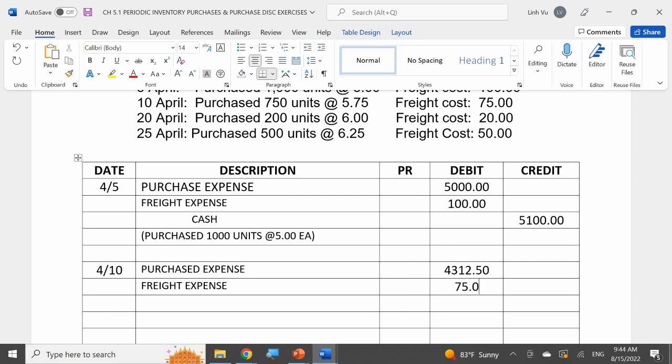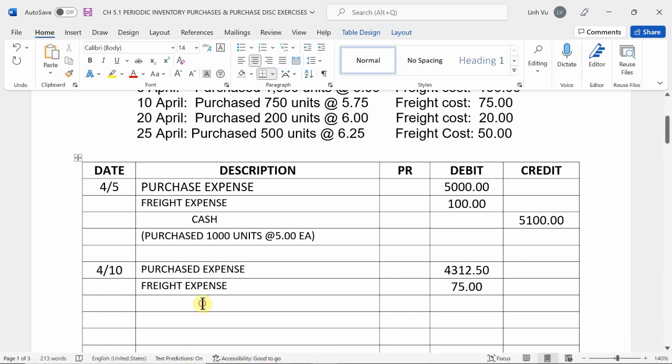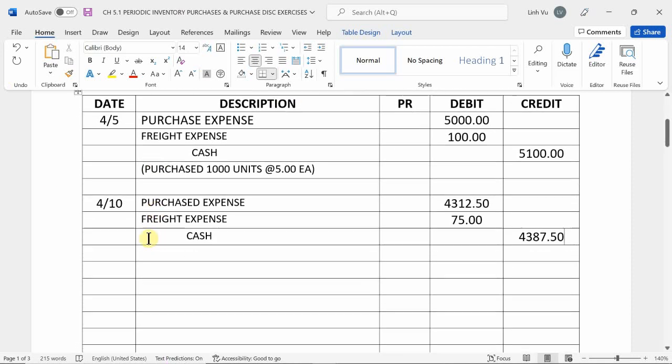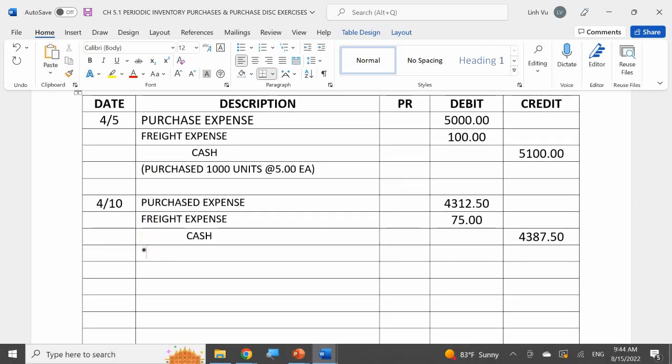So how much total cash am I going to be paying? 4,387.50. Good. And here I'm also going to make a note that I purchased 750 units at $5.75 each.